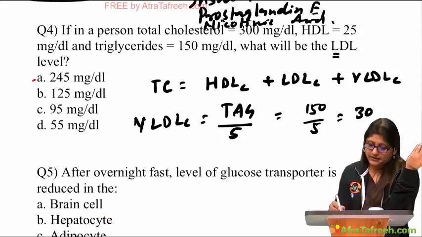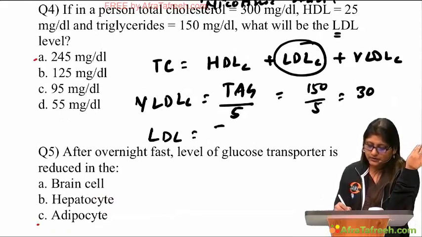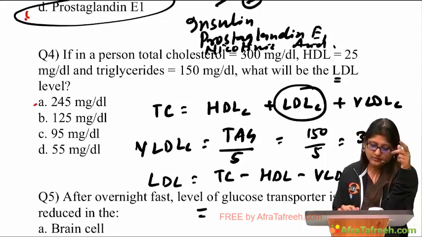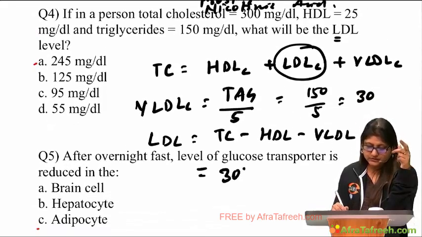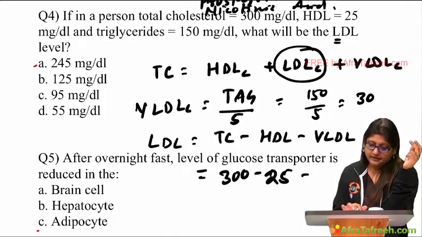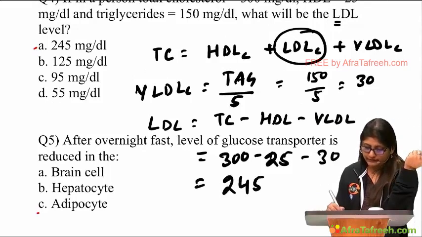So now the LDL value is to be calculated. LDL is going to be total cholesterol minus HDL cholesterol minus VLDL cholesterol. How much is total cholesterol? 300. This question you will be getting in the exam, don't worry. And VLDL is 30. So when you deduct 55 from 300, you get 225 milligram per deciliter.